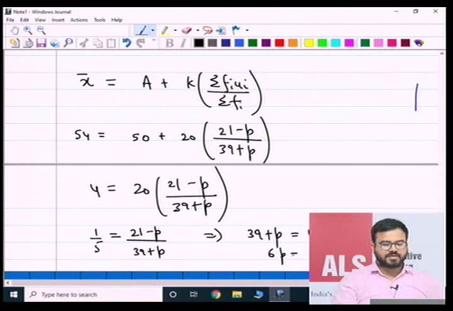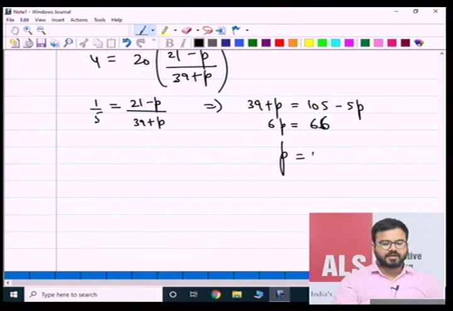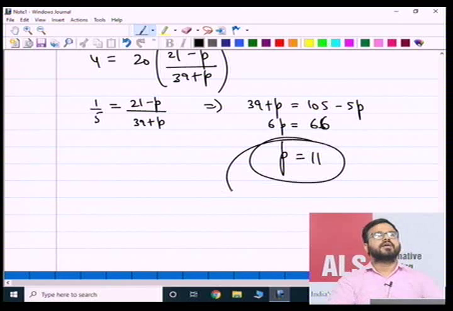So it is 6p is equal to 105 minus 39. It is 66. So p would be equal to 11. This is the way in which we can also solve it for the unknown value.